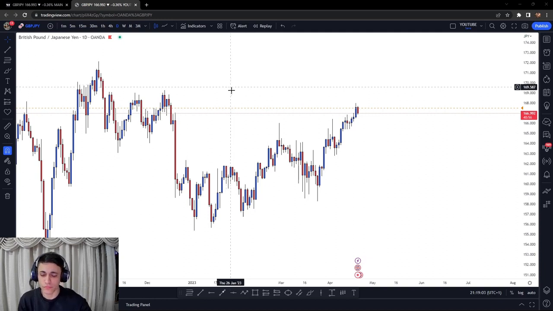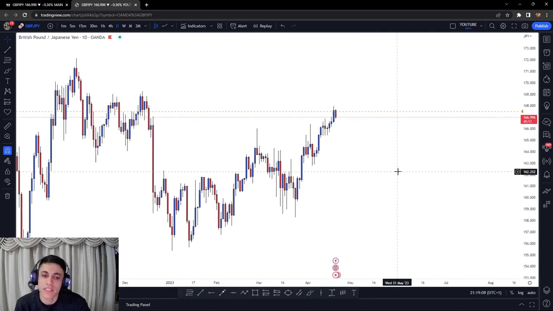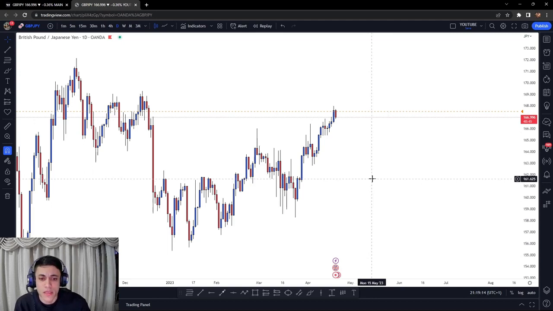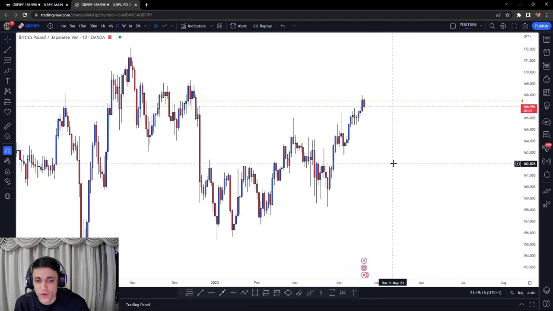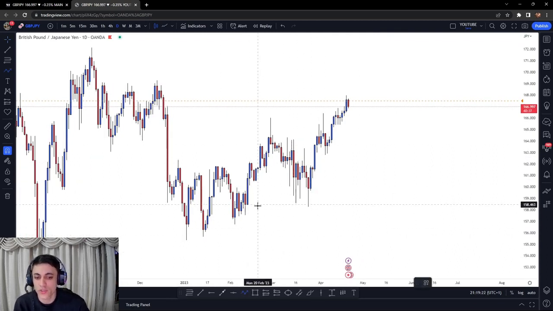So what do I mean by the concept of buy low and sell high? First things first, you need to identify your market structure. If you're the type that likes to do drawings, you can simply draw your market structure so you know exactly where you are at all times.